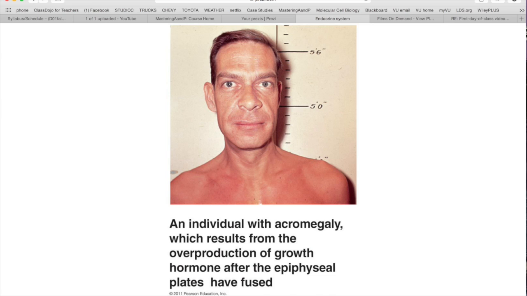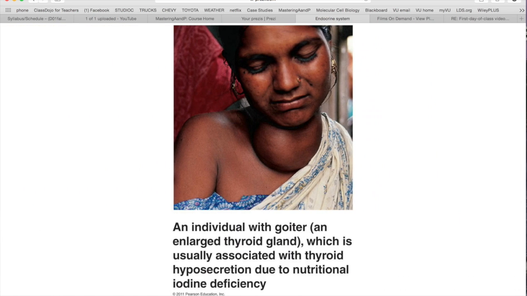And here's somebody with acromegaly. You can see he's a normal height, but his face is really, really big. This is called a goiter. This happens with thyroid hyposecretion, and the TSH is being released from the pituitary gland, and it's telling the thyroid gland to release thyroid hormone, but the thyroid gland can't make thyroid hormone because they don't have enough iodine.